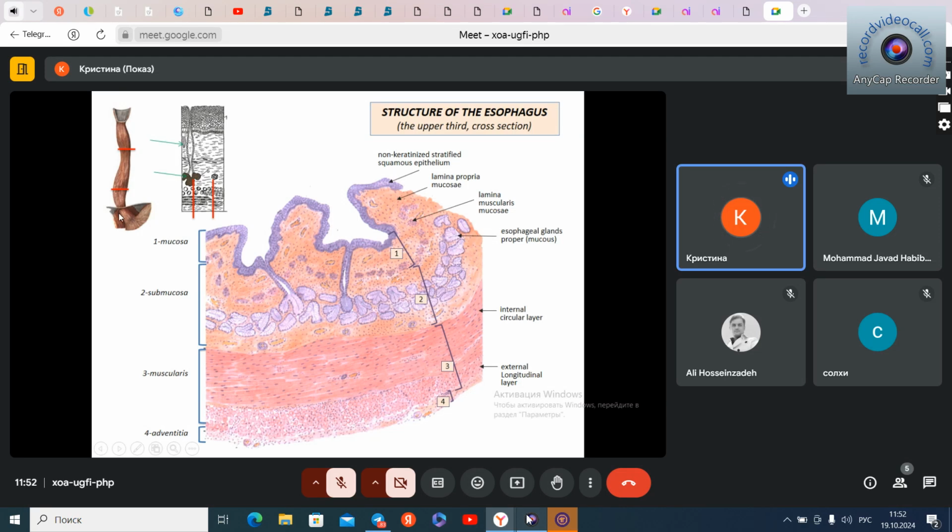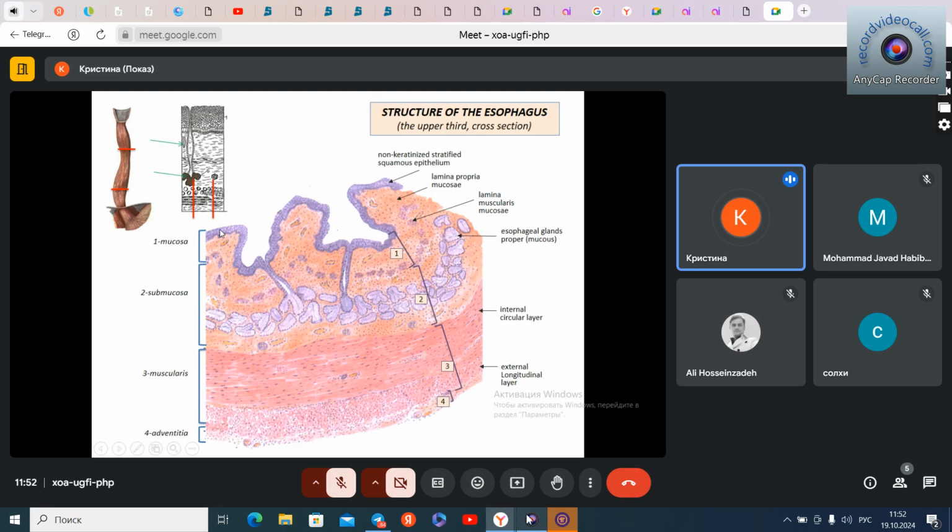Mesothelium will be present in the tunica externa in the lowest portion of the esophagus, which is located below the diaphragm. This is the diaphragm. This portion, the closest to the stomach, will be covered with mesothelium and have serosa.